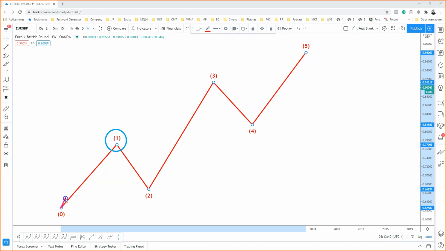Sometimes, when we learn the theory and we go to the charts, no matter what market, no matter what time frame, and the price is right here, if we are live in the market, we are going to say, oh, I found an impulse, so I should sell.